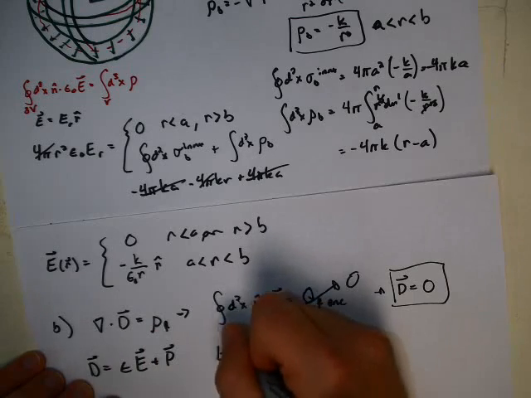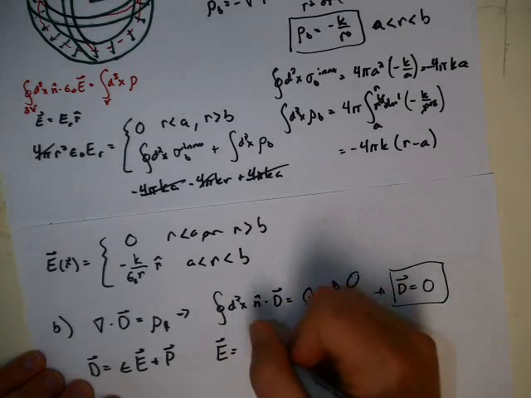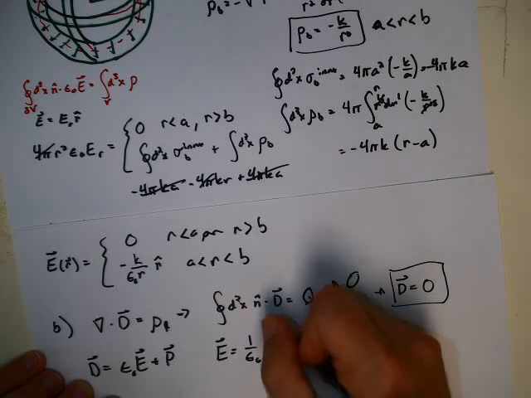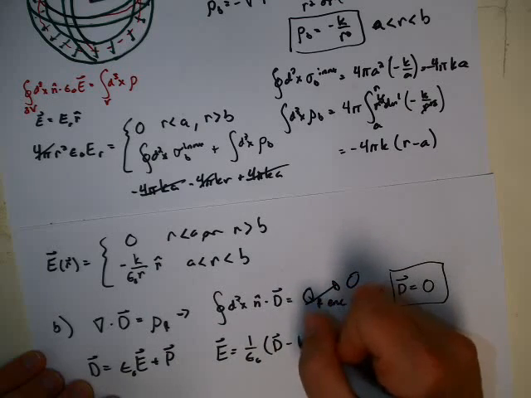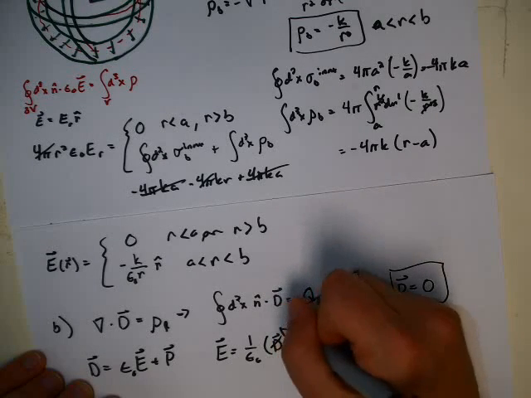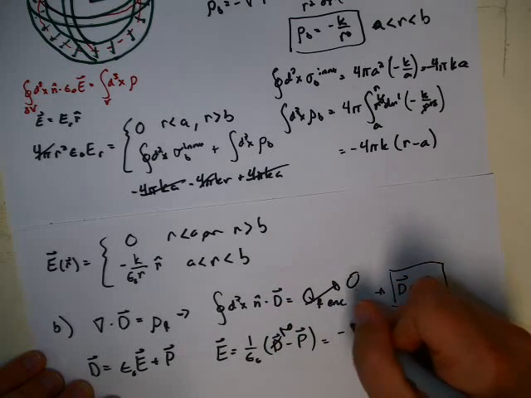And so that says that E then is going to be 1 over epsilon naught times D minus the polarization vector. Well, if D is 0, that's 0, and this is minus the polarization vector over epsilon naught.